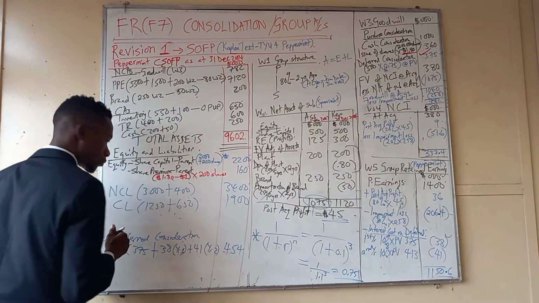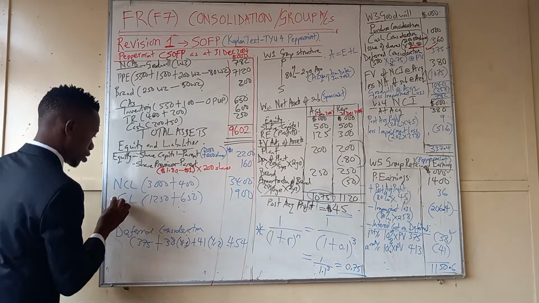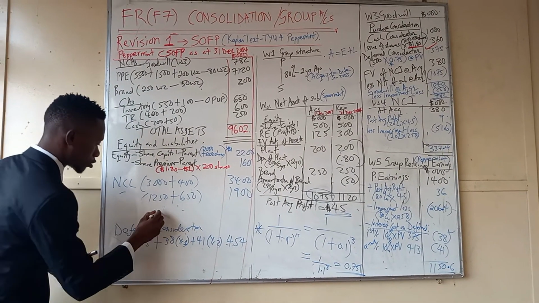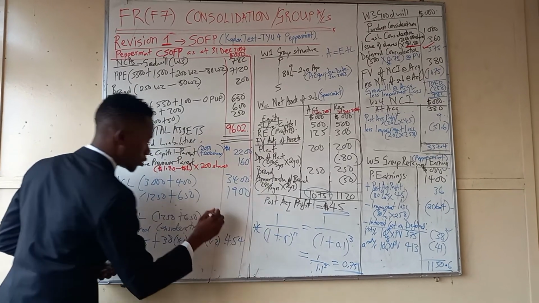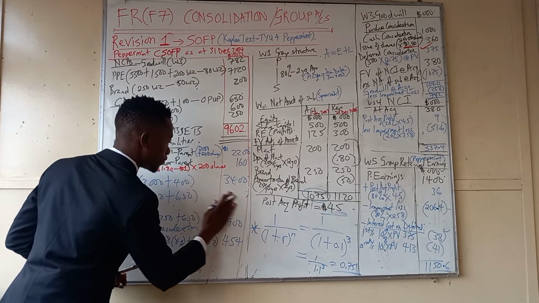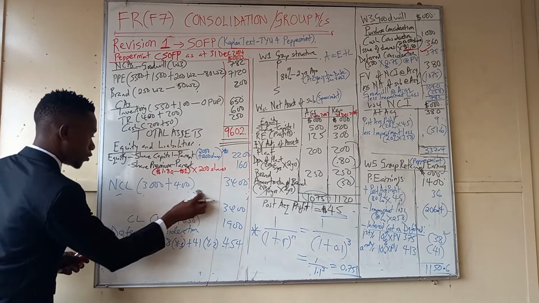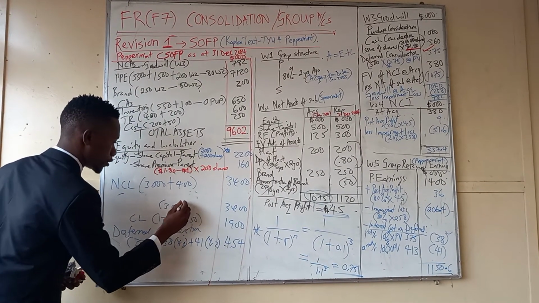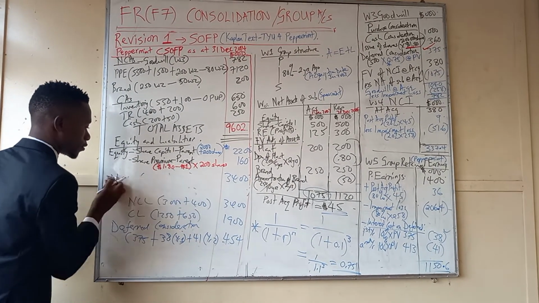Then, okay, allow me to do this. Let me adjust this. The current liabilities, this is 1250 plus 615, that's the CL, 1.9 here, then 3.4 here, which is the 3,000 plus the 400, which is the non-current liabilities.